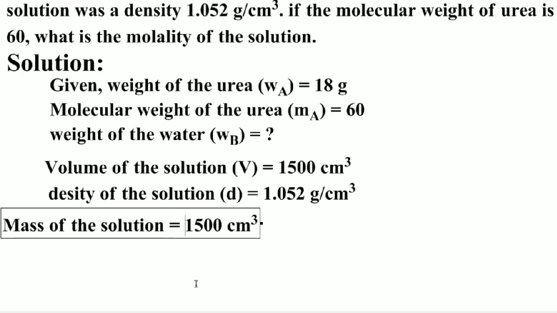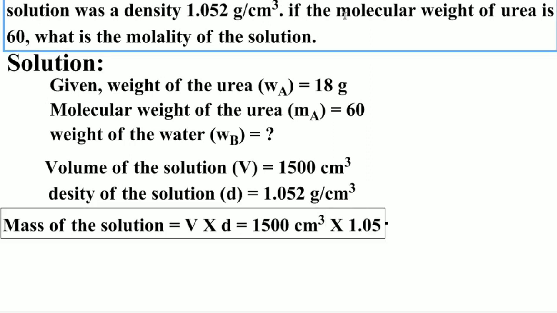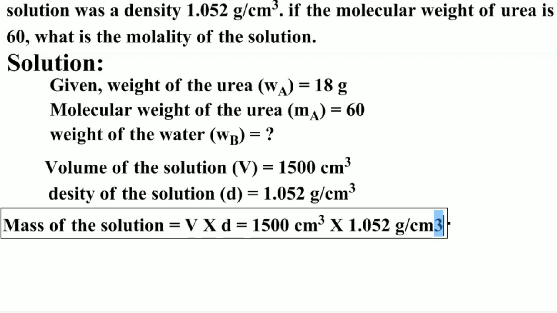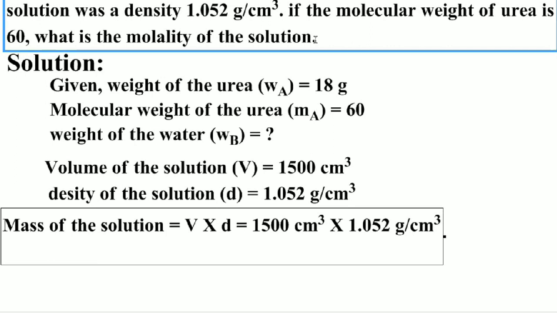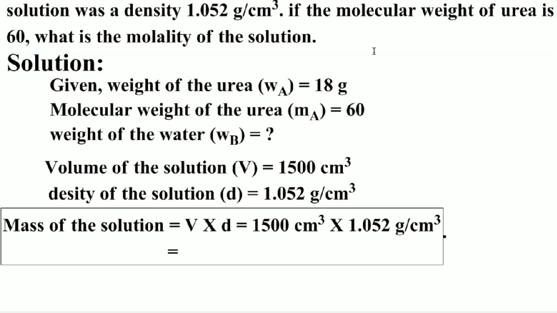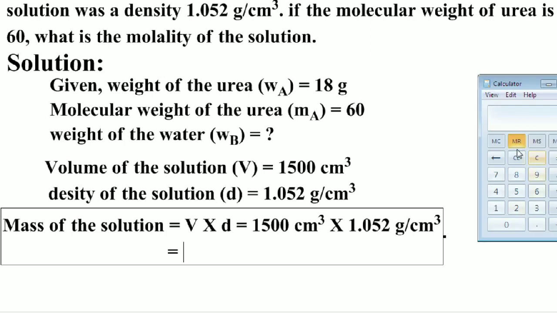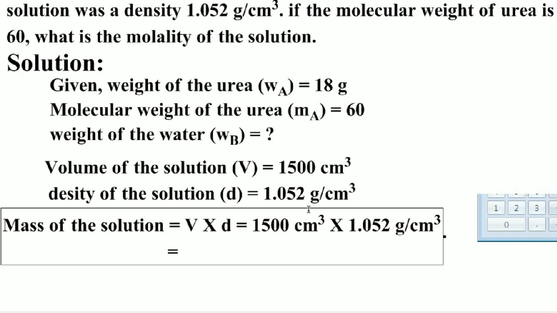Therefore, mass of the solution equals 1500 centimeter cube, the volume of the solution, into 1.052 grams per centimeter cube, the given density. So the mass of the solution is 1500 into 1.052. We can calculate this: 1500 into 1.052 equals 1578.